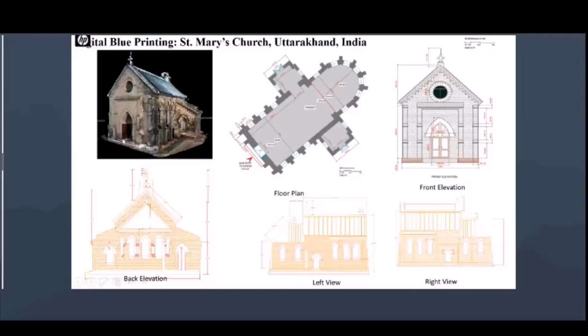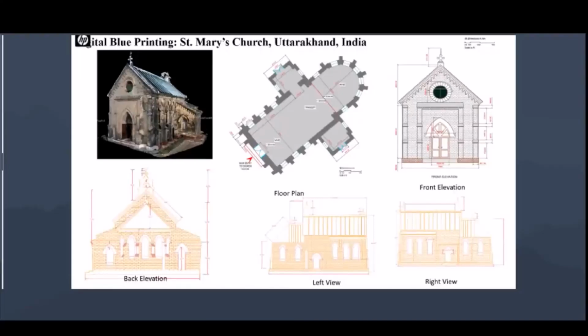For the interior and exterior, scans were taken, photographs were taken, data was integrated, and detailed floor plans, front elevation, the back elevation, the left view have been taken, and detailed blueprinting has been done with very precise measurements that can also be taken. And these are digital prints, maps, so that they can be used, modified, or used for planning and monitoring purposes.